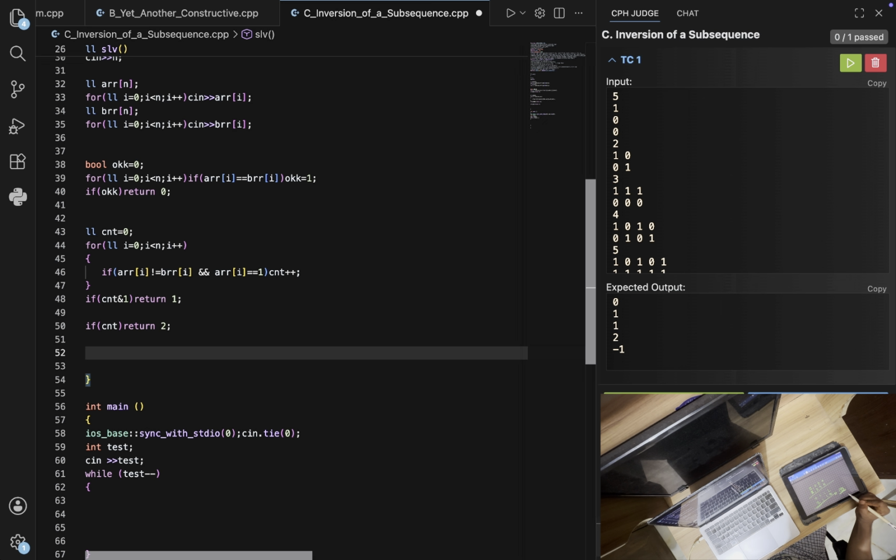So in this case, the string B has to have a 0.